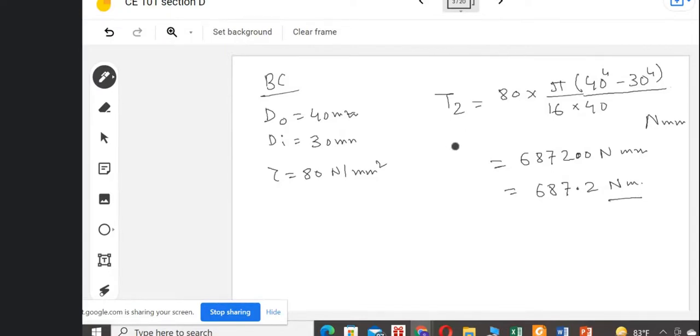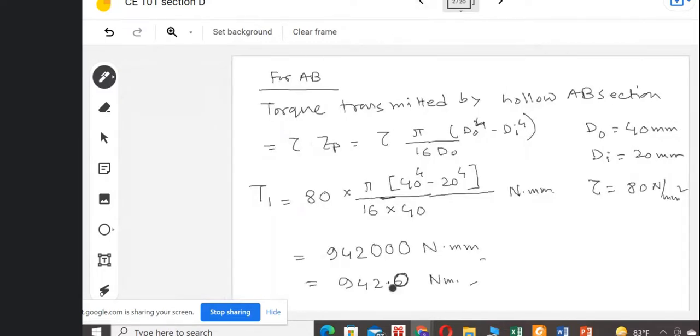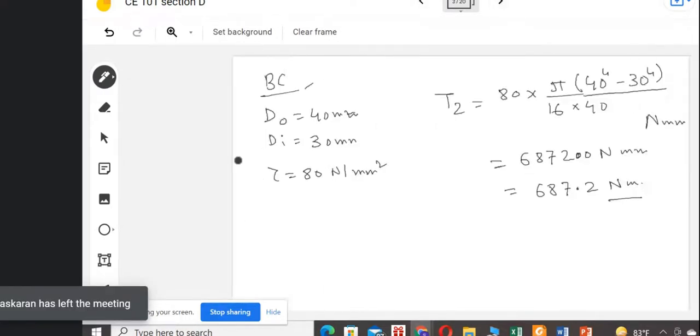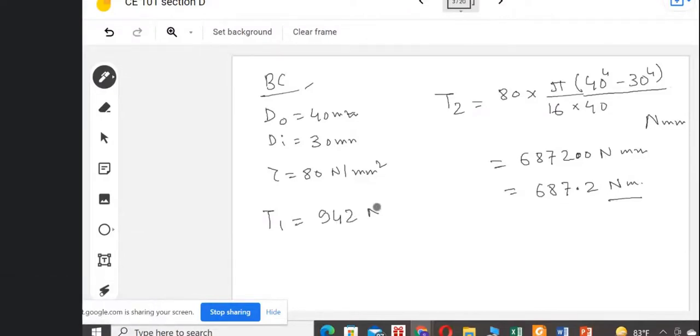So that is the torque transmitted by the hollow shaft BC. So we know the two torques of the individual sections, T1 and T2. T1 is 942 Newton meter.